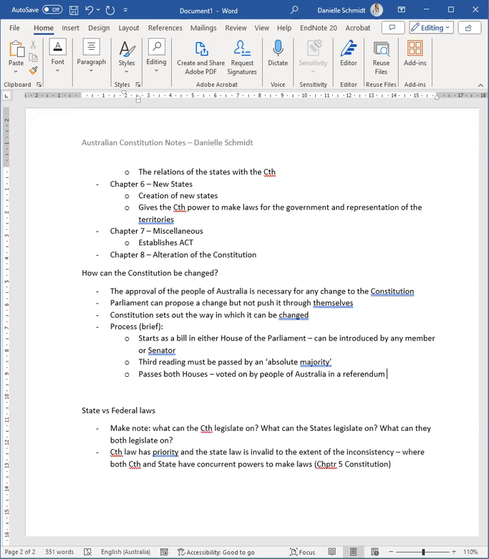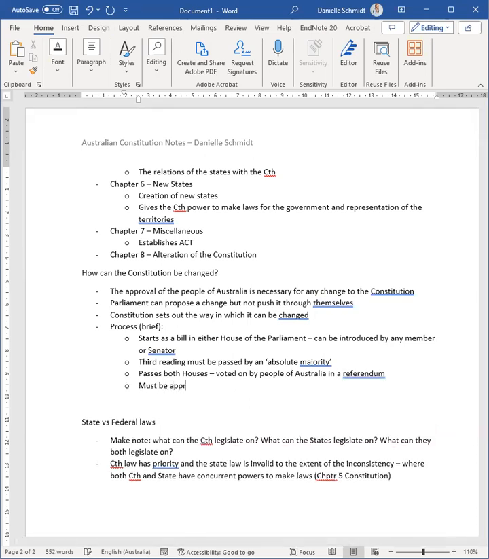If one house refuses to pass a constitution alteration bill which has been passed by another house, the bill may be submitted to a referendum if the first house passes the bill a second time. To be successful, the proposal must be approved by the majority of voters nationwide, and also by the majority of voters in the majority of states.